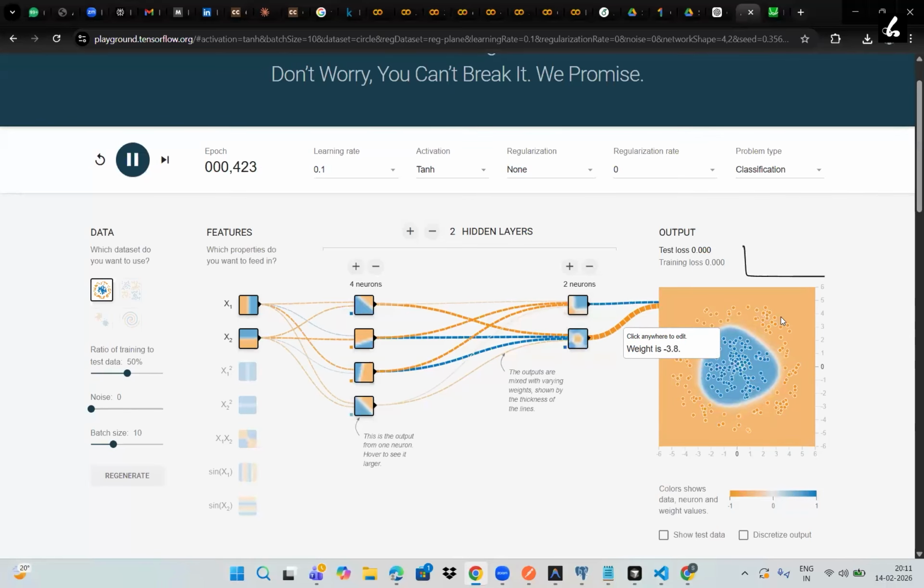Because of the data patterns, suppose in the first iteration this was the first data point it chose, and this was the second data point, and this was the third one, or the fourth, fifth, sixth one. So the choice of data also affects the weights and biases.